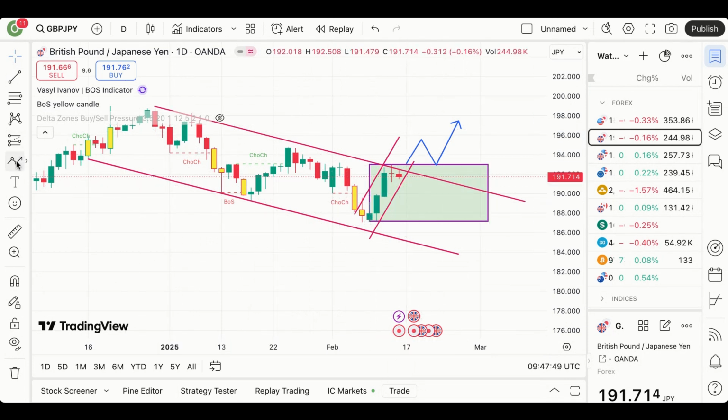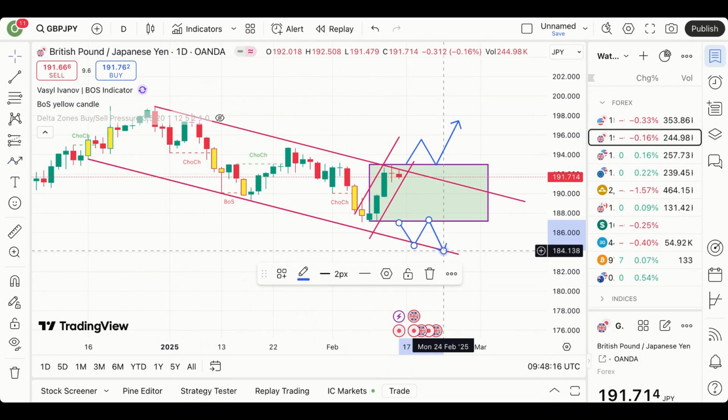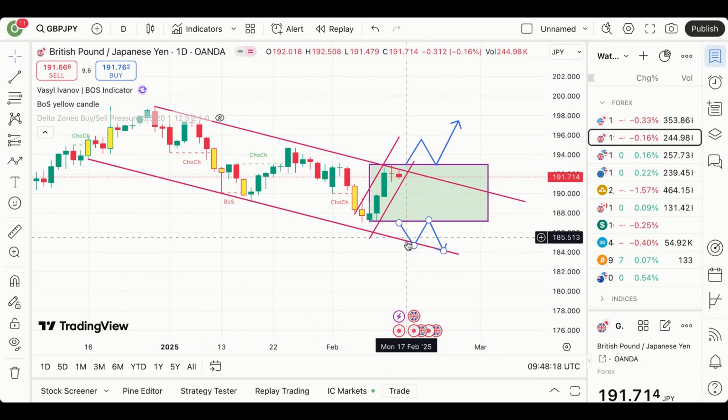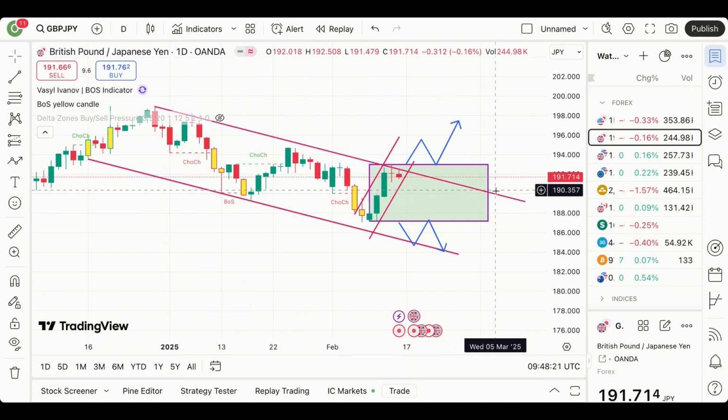And if we look at how to trade this, if you are a swing trader, then you will have to wait for a retest to this end, possibly forming a double bottom here before going up as well.